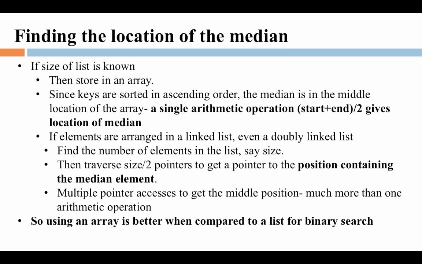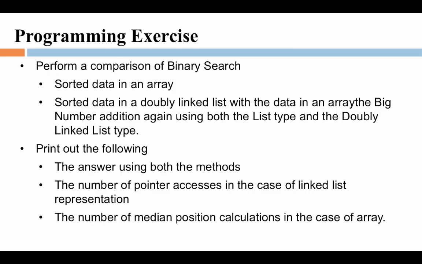But today what we will do is write a program and come up with an experimental estimate that storing the data in an array is better for binary search. So this is the programming exercise for which we are going to take a look at the code. We want to compare binary search when implemented using sorted data stored in an array, and when the sorted data is in a doubly linked list.